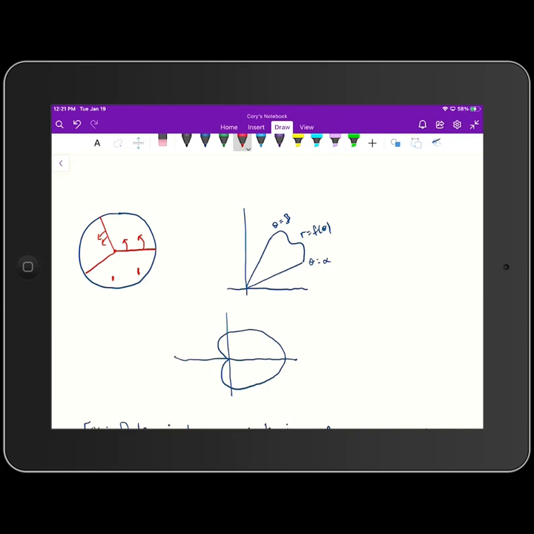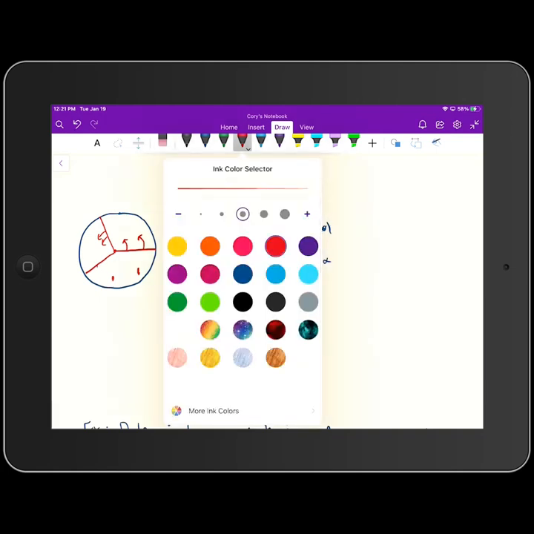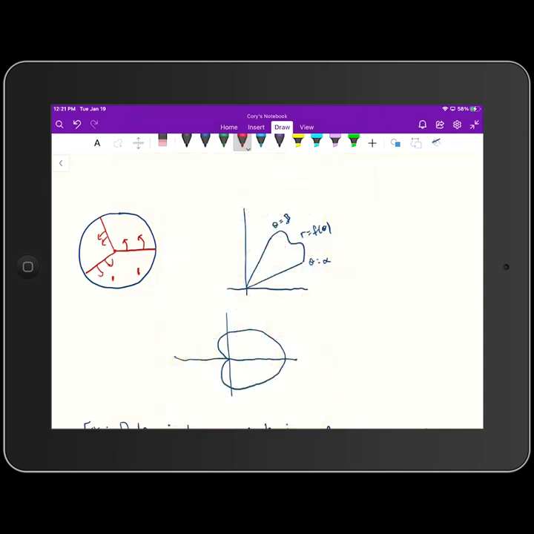As your radius continues swinging around, it'll pick up blips, and that lets you know where enemy airplanes or enemy submarines or enemy ships are relative to your location. Okay, so I want to use that same idea for you to visualize what's happening whenever we are trying to calculate area enclosed by a polar curve.